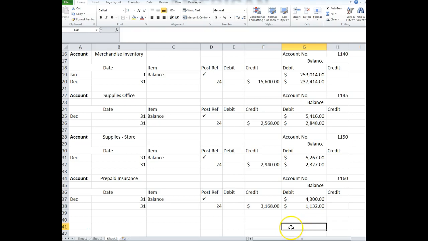So why is that, Jordan? Why does our prepaid insurance go down throughout the year? Basically, we're using up our insurance. If we buy 12 months of insurance at $1,200, we're going to lose $100 each month because we've used that month's insurance. Okay.